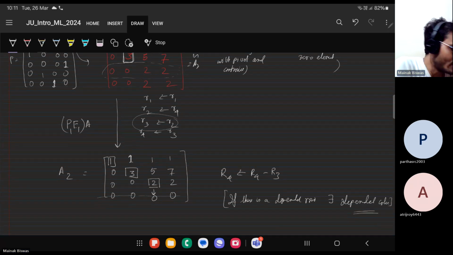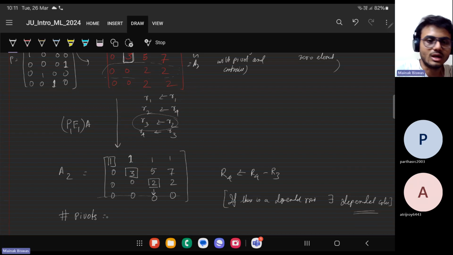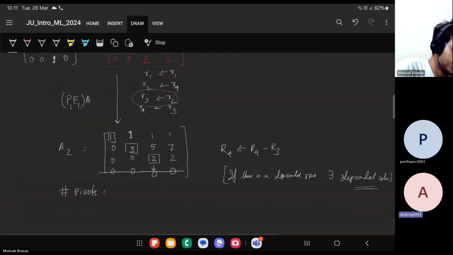So now you tell me, how many pivots do you have? Number of pivots? Now you cannot get any more pivots, right? Yes. So now how many pivots do you have? 3.